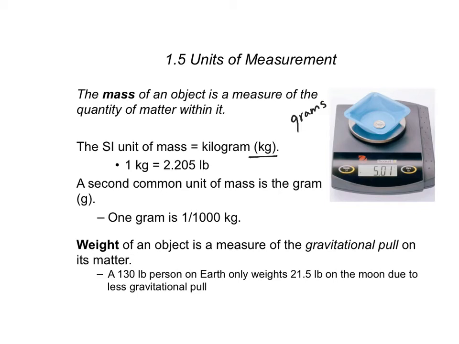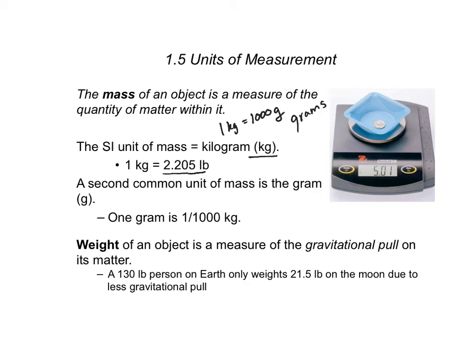So 1 kilogram is equal to 1,000 grams. That's the unit conversion between those two. A kilogram is also equal to 2.205 pounds, which you may want to note for your homework.